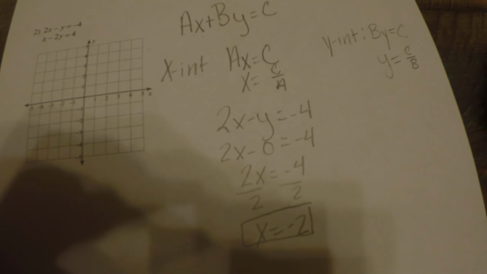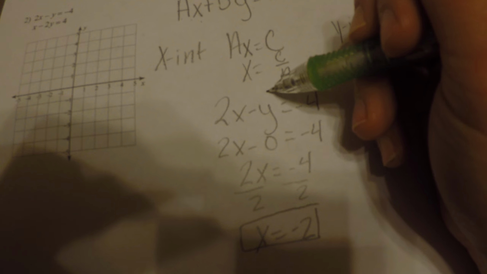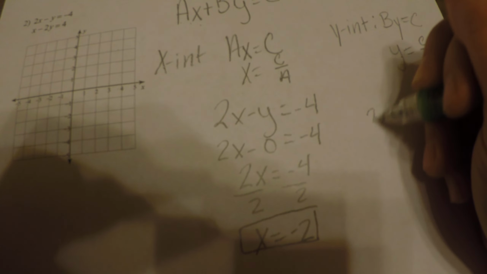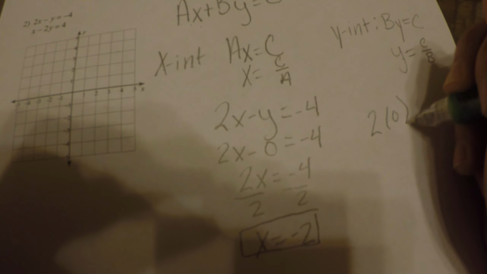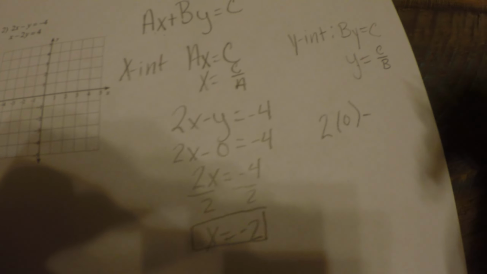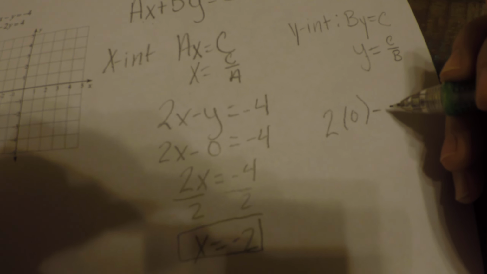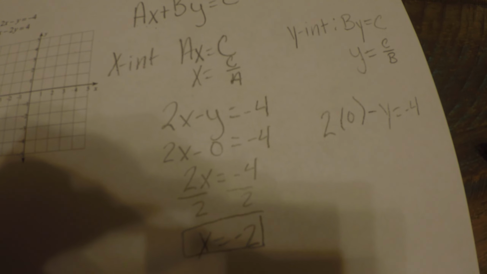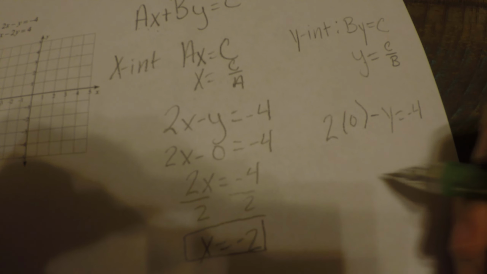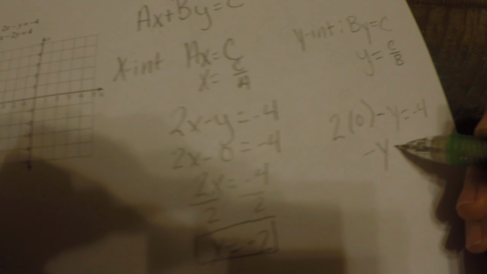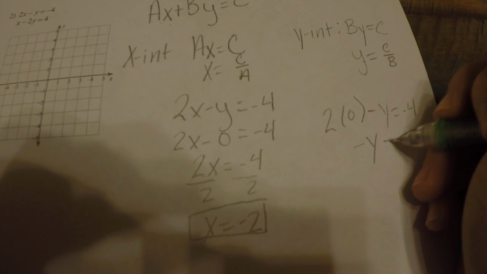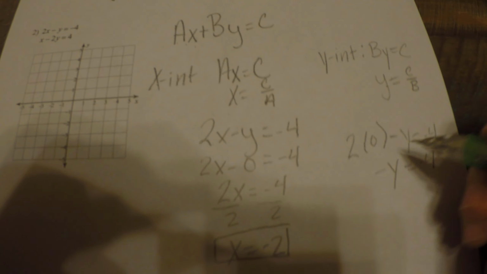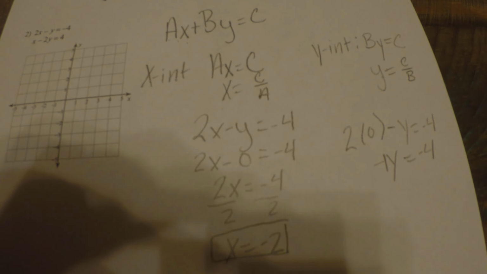All right, let's look at the y value for this equation. Plug in 0 for x to find our y-intercept. So I'll have 2 times 0 minus y equals -4. Well, 2 times 0 is 0, so I'll just have -y equals -4. That -y is actually a -1y.